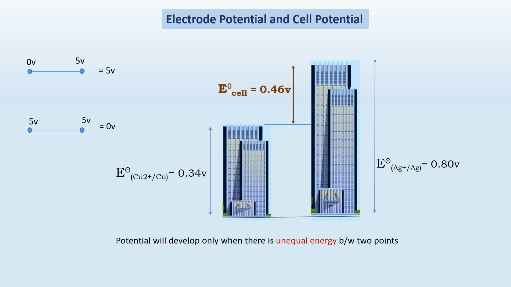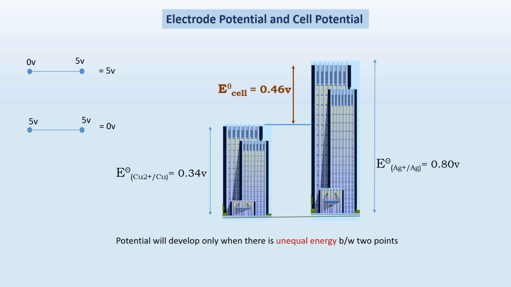The copper electrode has a potential of 0.34 volt, that is, the potential difference between the copper ion and the copper. Whereas silver has an electrode potential between the silver ion and the silver of 0.8 volt.